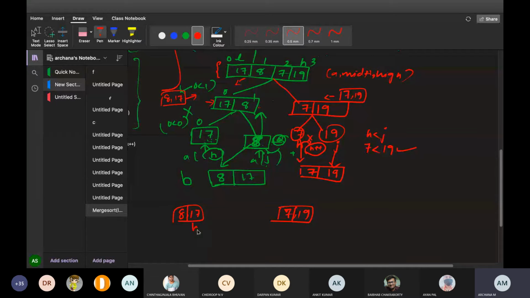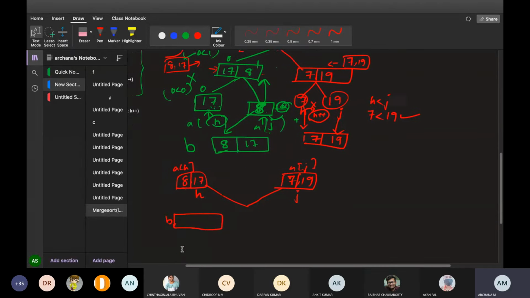Look here. This is H. This is J. Okay. Now I have to merge this. First, this is A of H. This is A of J. Check the value. I'll take this as K element because I'll add this into B. B of K. I'm considering it as a new array, because I have to add that into the new array.